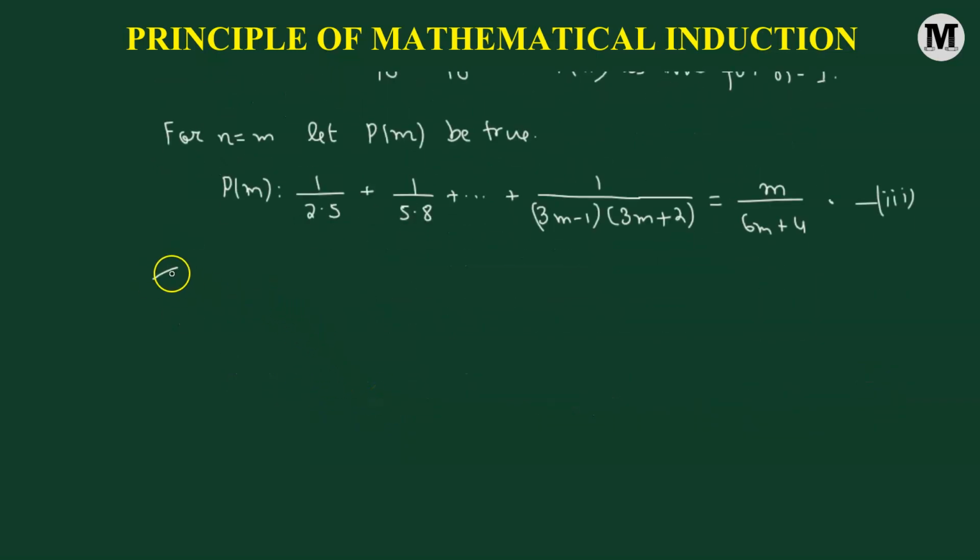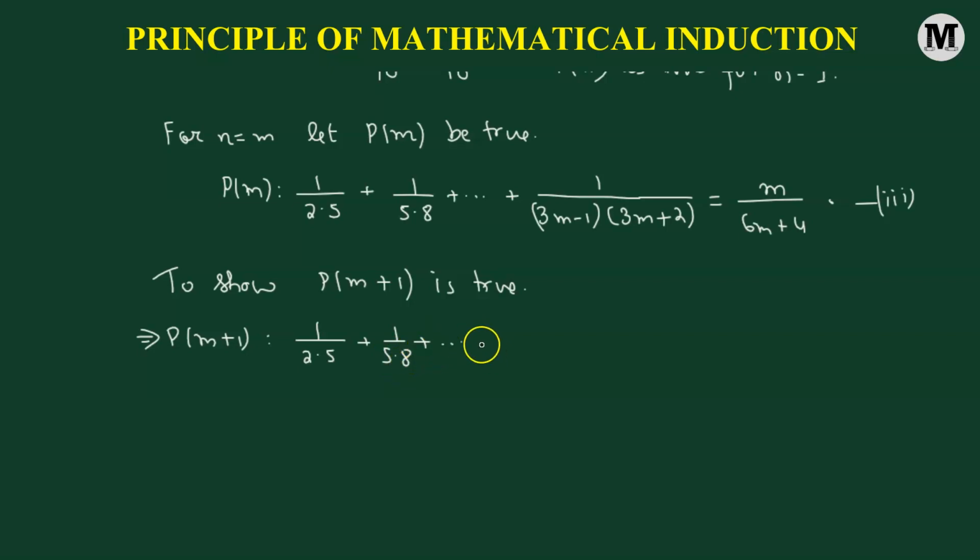Next, using the statement P of m, we need to show that the next consecutive statement, P of m plus 1, is also true. To show P of m plus 1 is true means that P of m plus 1 must be such that we have 1 over 2 times 5, added to 1 over 5 times 8, going all the way up to 1 over (3 times m minus 1) multiplied by (3 times m plus 2).